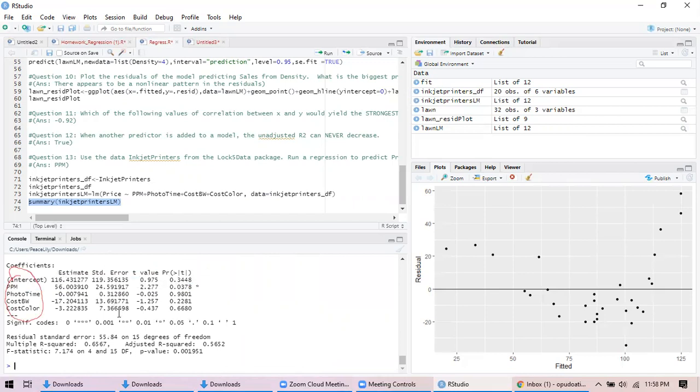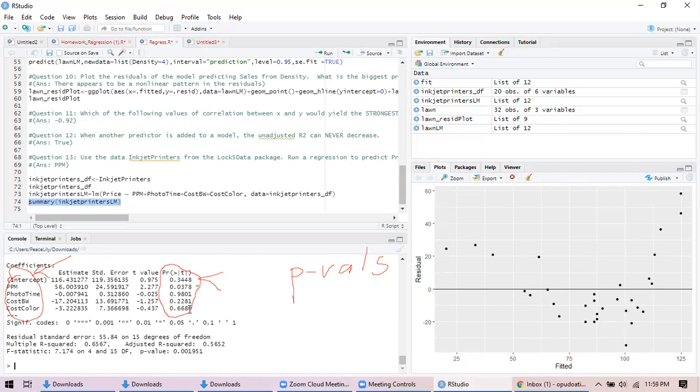And if you take a look at this column right here, this is pretty much the p-value. These are the p-values for each one of these guys. Does that make sense?